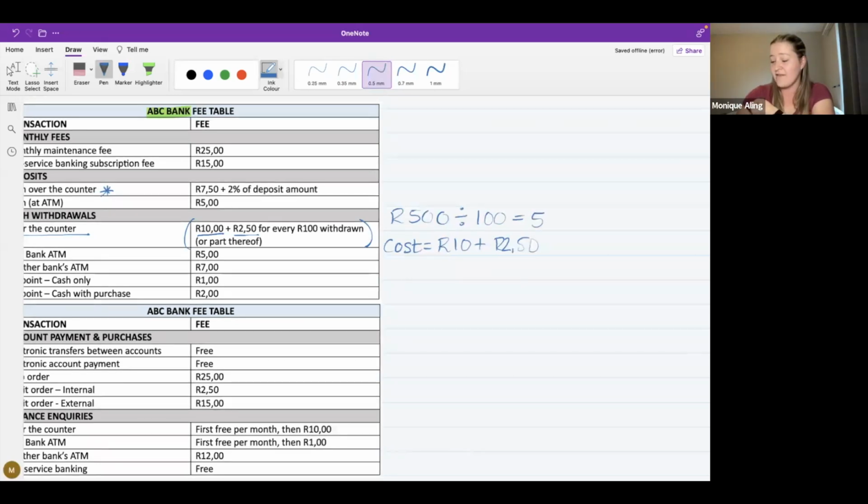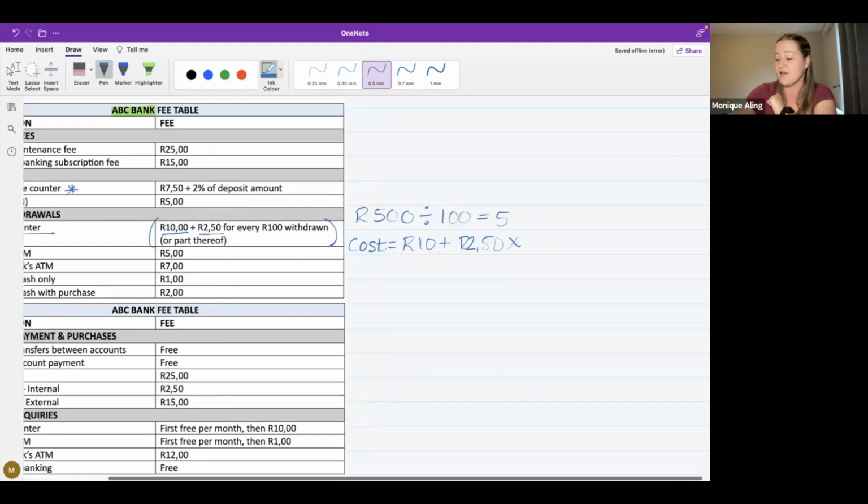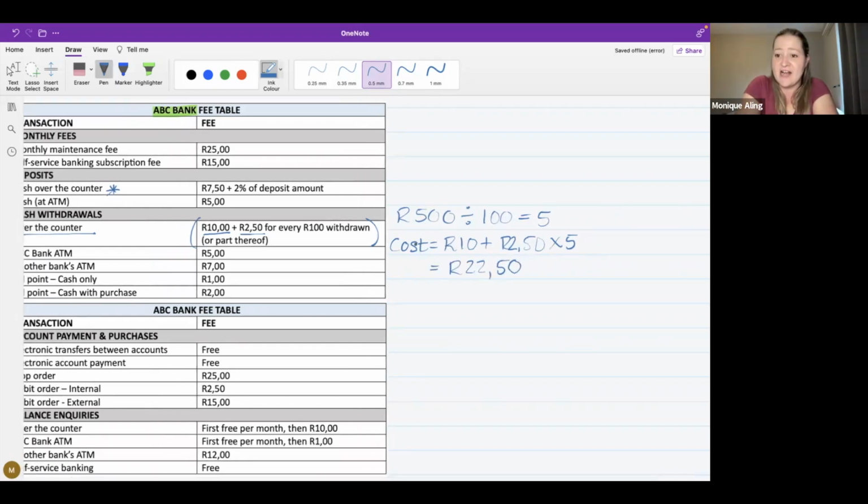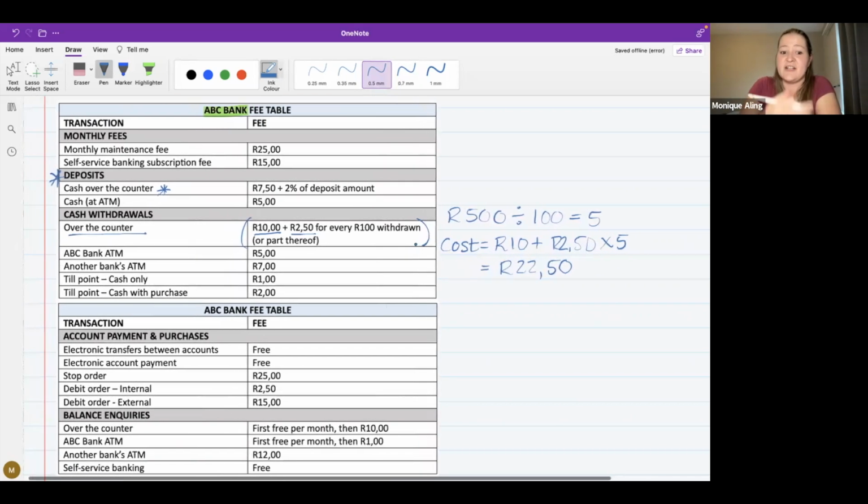There are 5 hundreds in there. So it's 2.50 Rand for every 100. So you say 2.50 Rand times 5. And that's how you would work out the cost to just take out 500 Rand from your bank account. That gives you an amount of 22.50 Rand. Just to take 500 Rand out of your account, the bank is going to charge you 22.50 Rand. So that's just an example of how you would work out that bank charge.